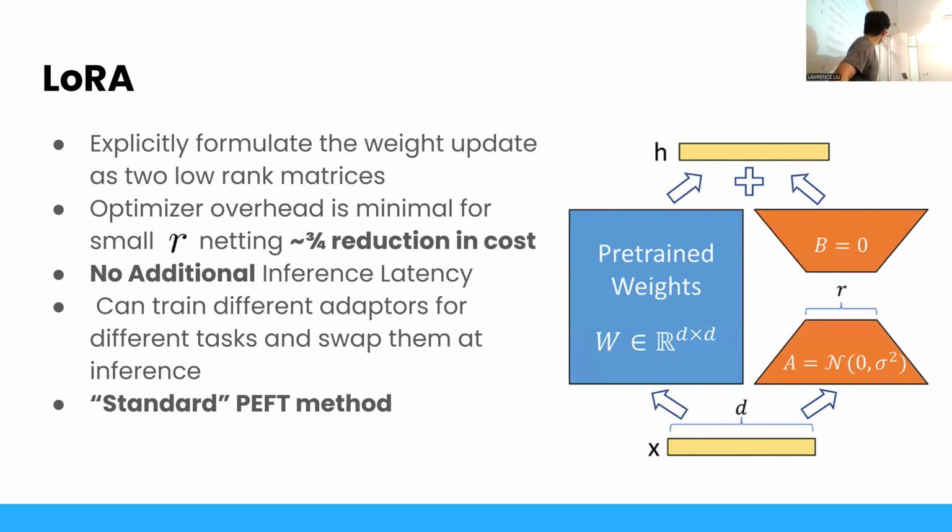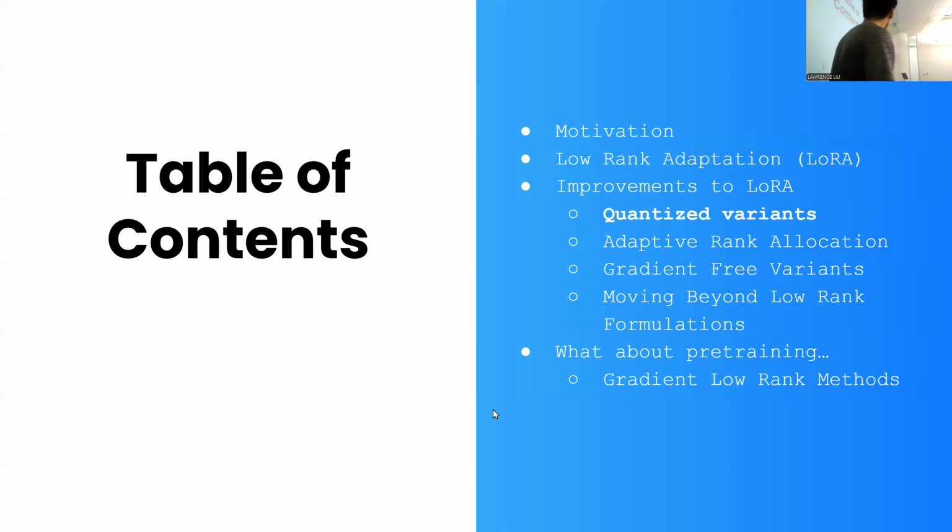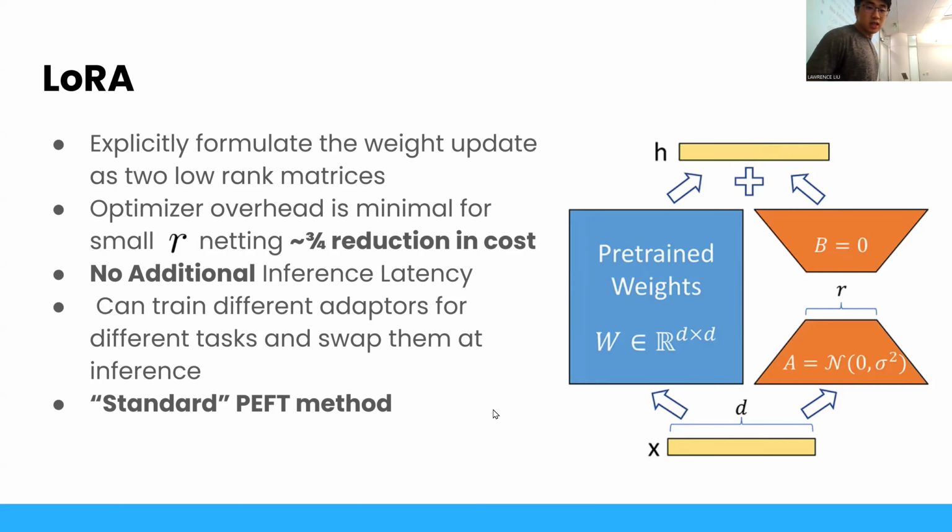Well, we could freeze the original weight and explicitly write out these low rank adapters and just train these low rank adapters. That would basically completely remove our need for gradients as well as the first and second moments from the Adam optimizer, which saves us about three quarters of the memory cost.